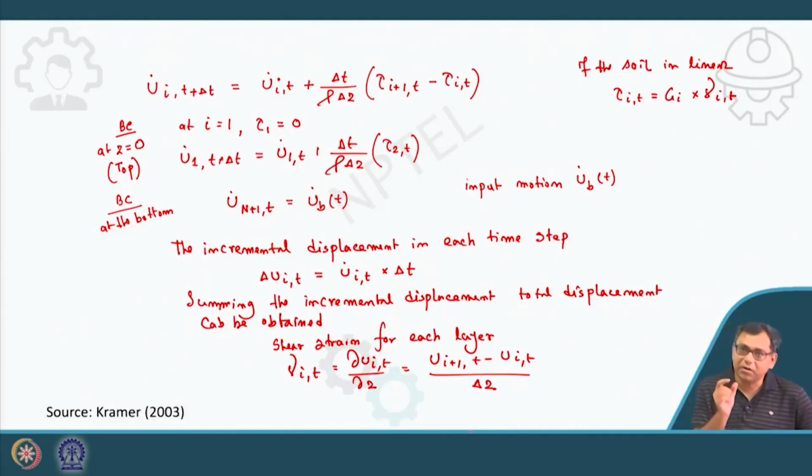But if it is a non-linear case, then G is also a function of time, a function of i and t. In that case, for non-linear, the shear strain depends on the current shear strain as well as the stress strain history. Here, for the linear case, stress strain history is not required; we are getting only the current shear stress. But here the current shear strain is required and the stress strain history is also required.